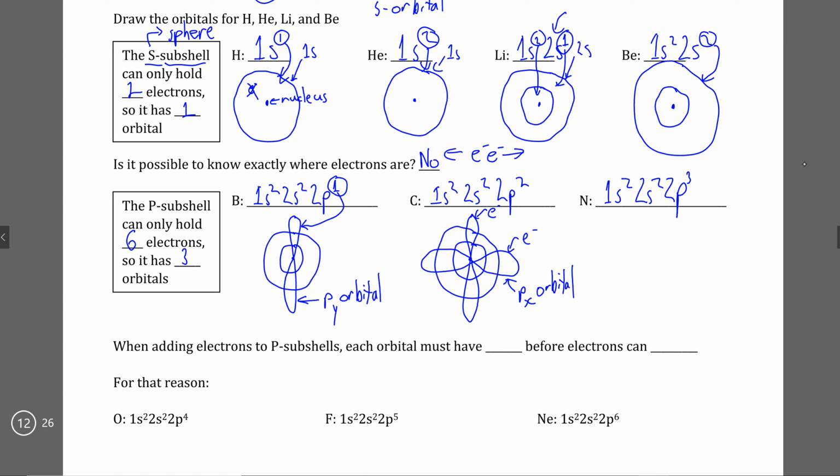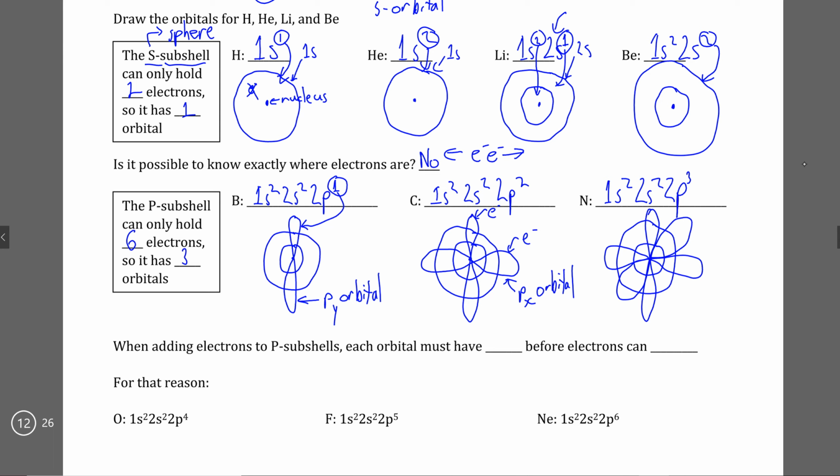And if we draw nitrogen, we can see where the third p orbital is. Let's start with the nucleus. Here's 1s, 2s, here's the first p orbital, here is the second p orbital, and here is the third p orbital. So again, nitrogen has 3 p electrons.